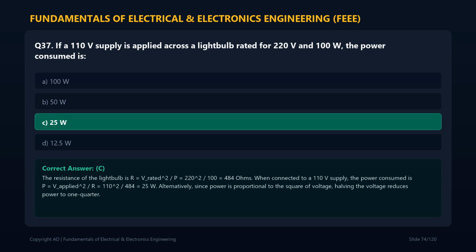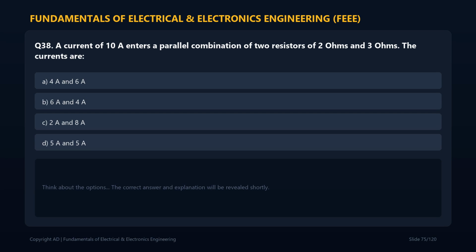The correct answer is C, 25 watts. Power is proportional to the square of the voltage. Since the applied voltage is half of the rated voltage, the consumed power drops to 1/4 of 100 watts, which is 25 watts.